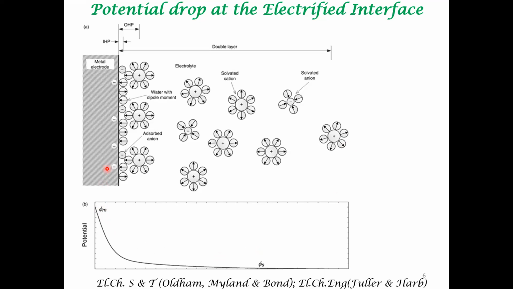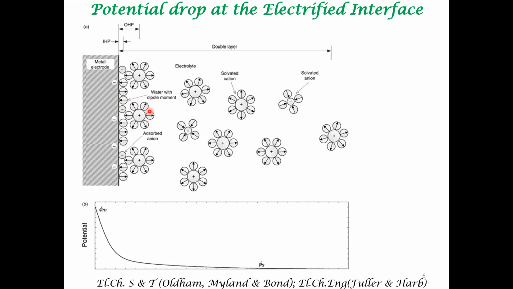So there is charge accumulation, in this case negative charge. There is potential because of the charge accumulation, and gradually as you move away from the electrode, the potential decreases and asymptotically it goes to zero, right? So there are lots of features in this schematic.